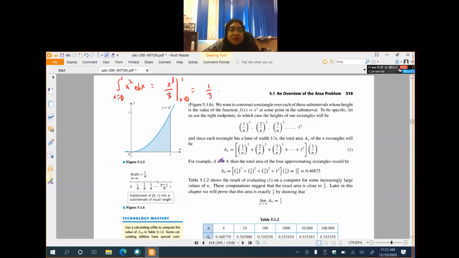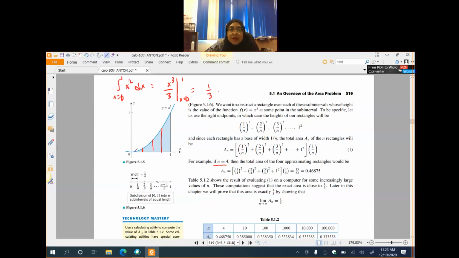For example, let's take n equal to 4, with rectangles of equal length. When n is equal to 4, the length of each rectangle is 0.25, so we subdivide it into 4 parts.